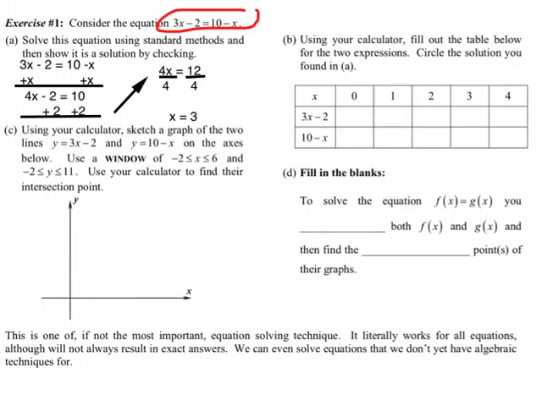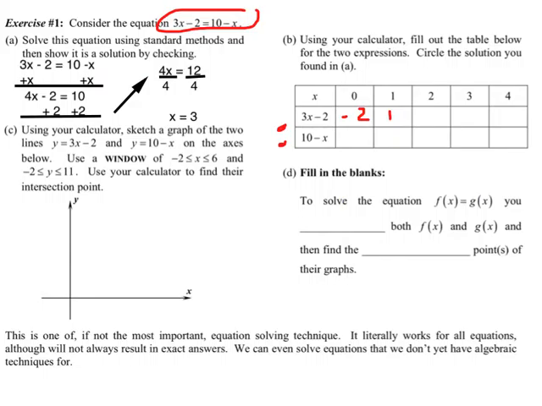Now in part B, they want us to fill out the table. So if I go to the table here, you're supposed to take this one right here and this one and plug it in. If I plug in 0 first into this one right here, I get 3 times 0, which is 0, minus 2, so I get a negative 2 in that spot. If I plug in 1, I get 3 times 1. You guys know that's 3. 3 minus 2 is equal to 1.